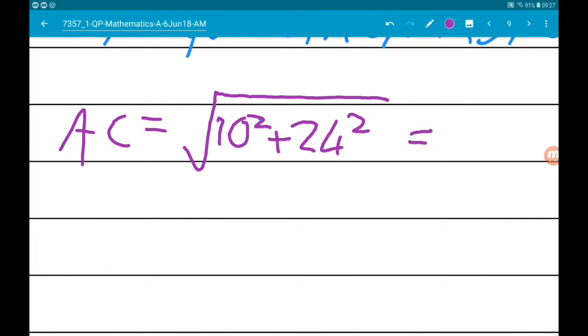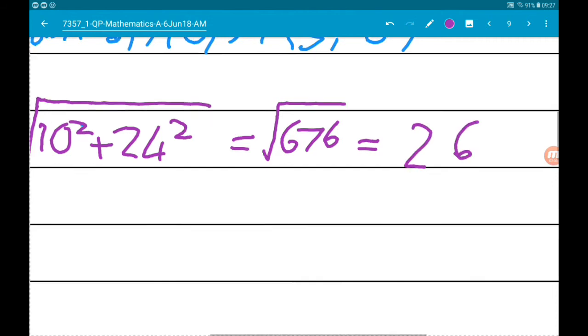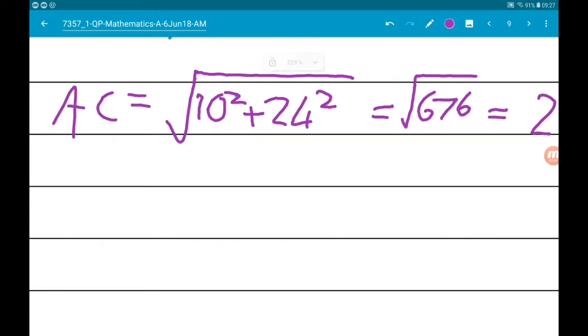So this is the square root of 676, which I believe square roots. Yes. So the square root of 676 is 26. So the diameter is 26.